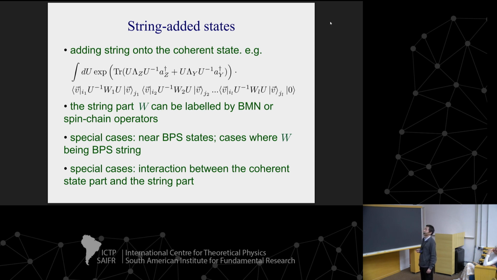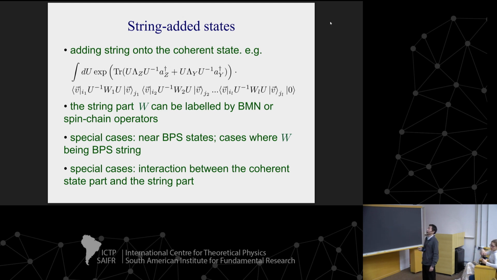There are special cases. For example, there are cases where the entire state is near BPS. In that case, the non-BPS energy can be small, relatively, compared to the BPS energy. And there are also cases where W can be a BPS string.